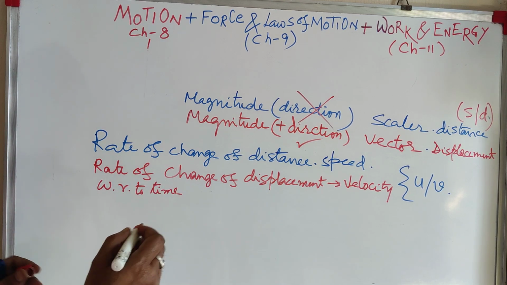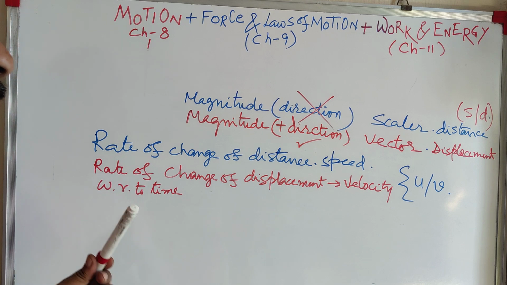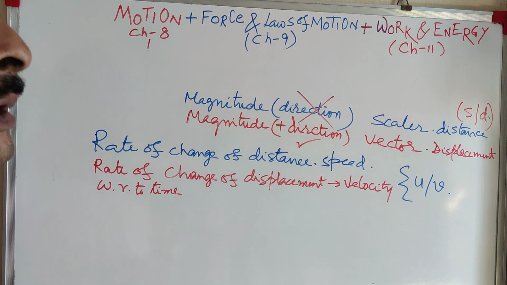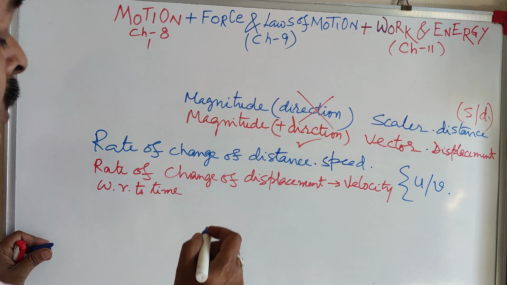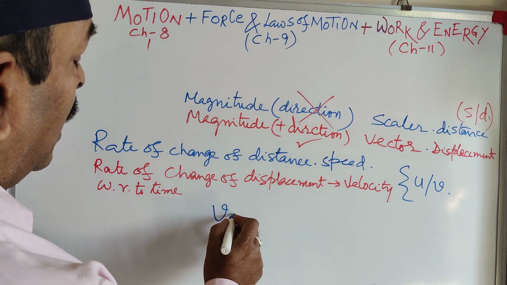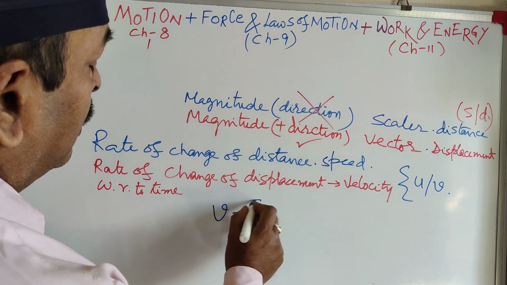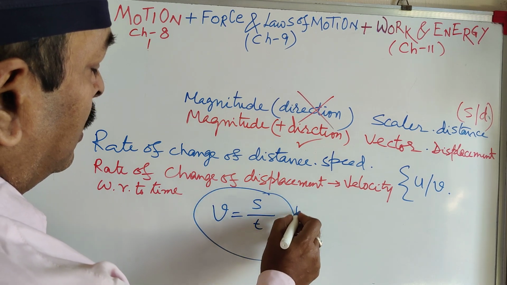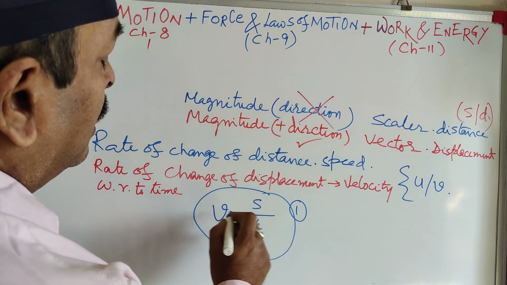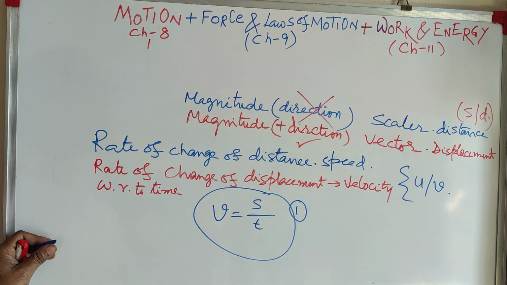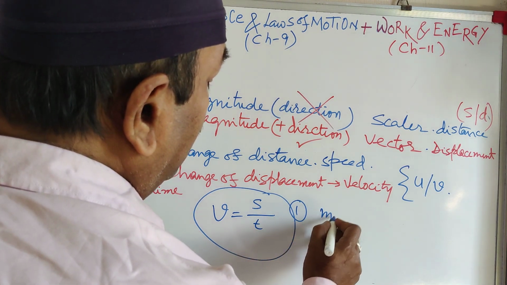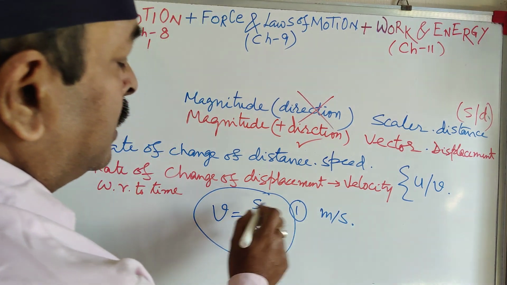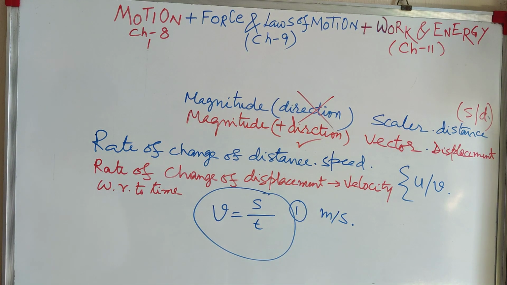So whenever we talk about velocity, it is the rate of change of displacement with respect to time, so we get a formula: V is equal to S upon T. This is the first formula, and its symbol is V and its unit is meter per second. Distance is in meter and time is in second, so velocity is meter per second.